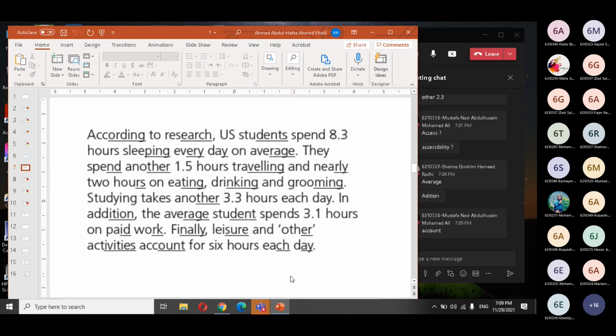Look, this is the text. Have a look at it. And the underlined are the missing letters.